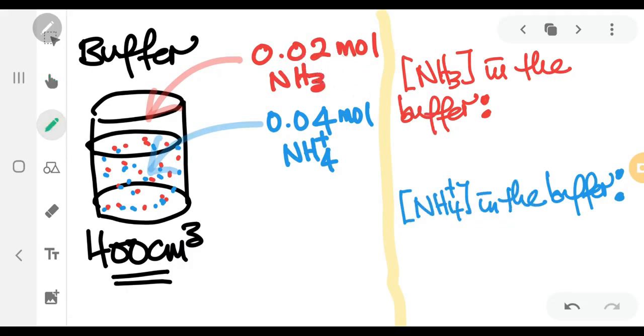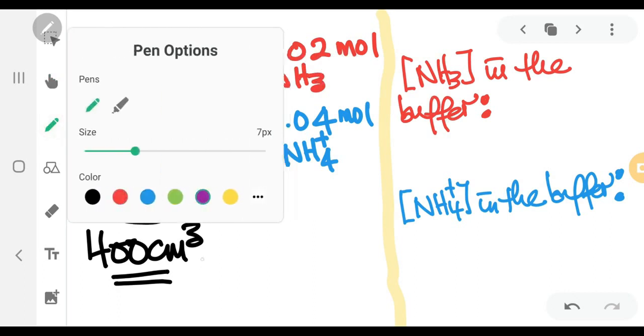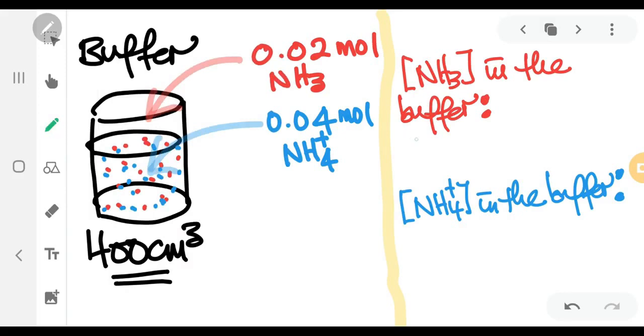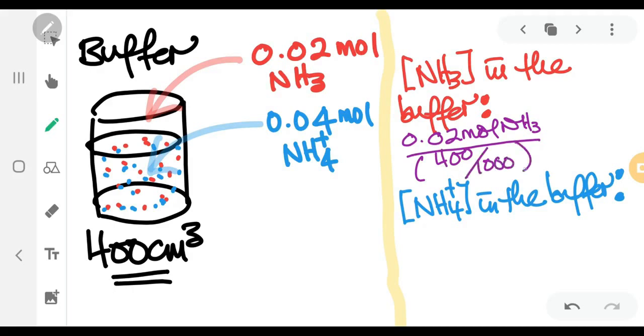We take the number of moles, 0.02 mole NH3, and divide by the new total volume, which is 400 over 1000, and that should be about 0.05 molar.